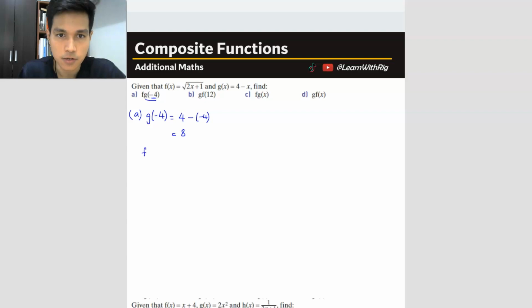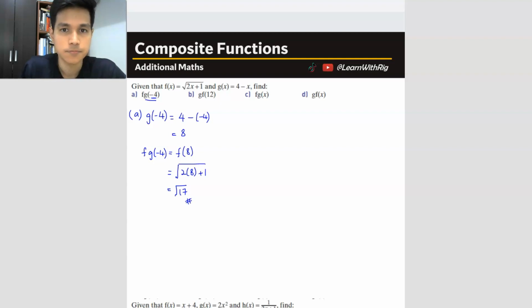Now you have to find f. fg(-4) is the same as f(8) because you already know that g(-4) is 8. So you just substitute 8. You get 2 times 8 plus 1, so 16 plus 1, 17. So square root 17. This is your answer.